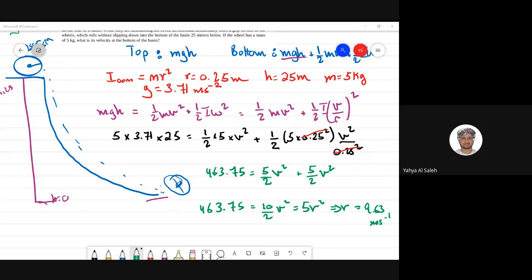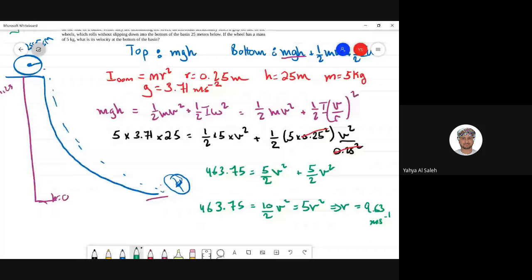Yeah, you can cancel the m since you have m everywhere, but I was too lazy to do that, so I just substituted it and then divided by it. It's the same thing. But you are correct, since I have an m here, an m here, and so basically I have m, I can get rid of it in the first place.